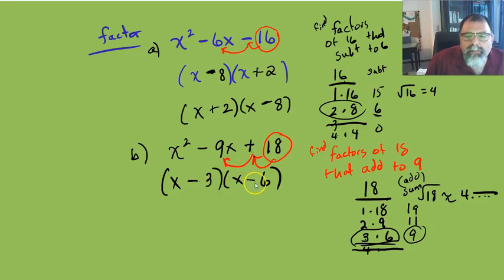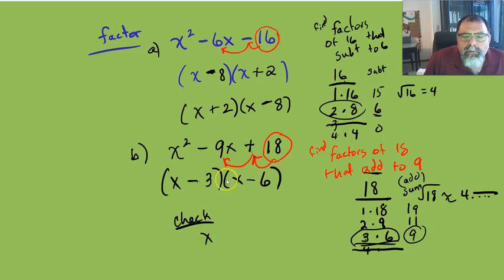-3 plus -6, signs are the same, I add, that's why I'm adding. 3 plus 6 is 9, and I keep the sign, so it's -9. Okay? So if you wanted to check it, again, you just do the FOIL.